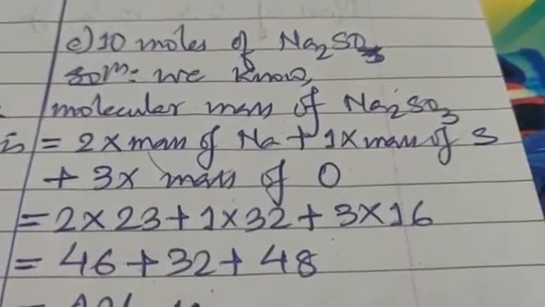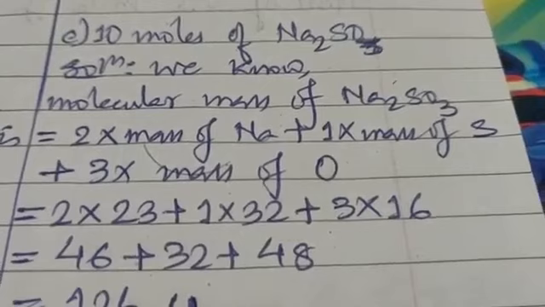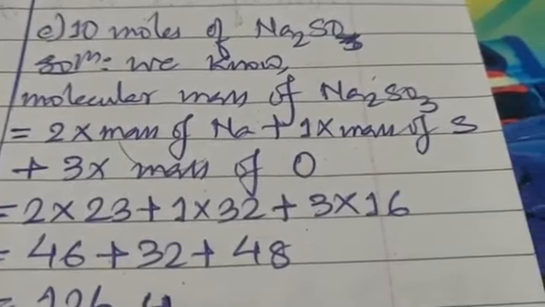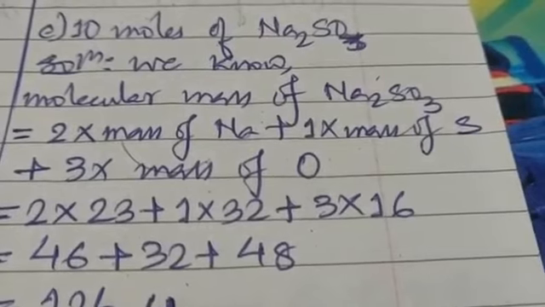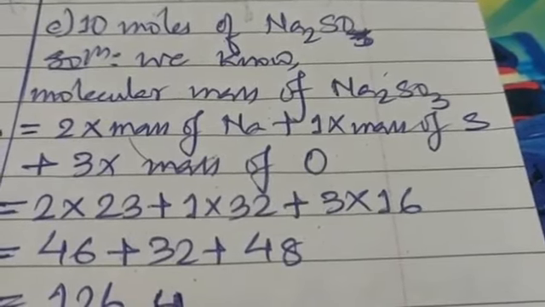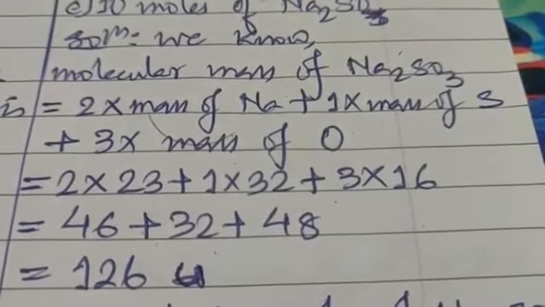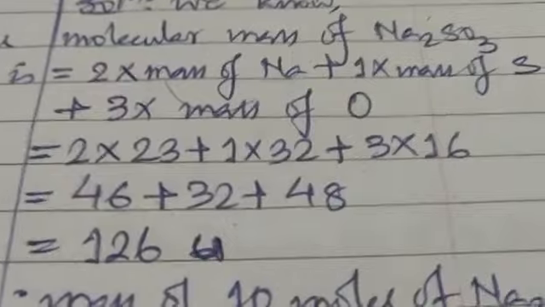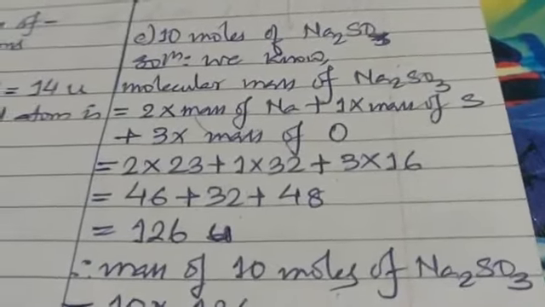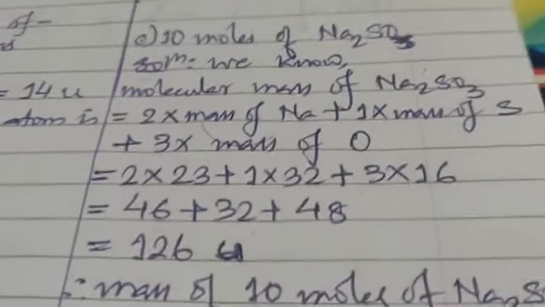These are just values: 2 into 23, this is sodium's atomic mass, then plus 1 into 32, which is the atomic mass of sulfur, plus 3 into 16. Now what is 16? This is the atomic mass of oxygen. Now if we add all of this, we get 126 u. And remember, here we are finding molecular mass, not molar mass, that's why we cannot give gram for now.